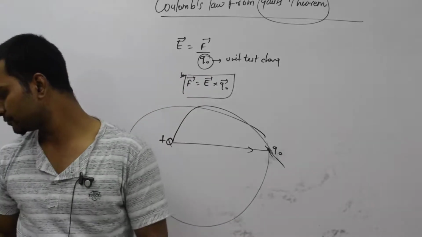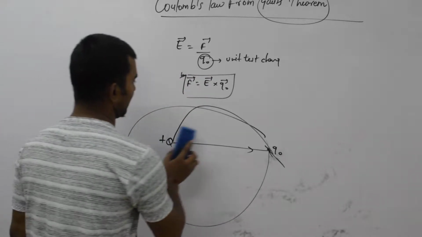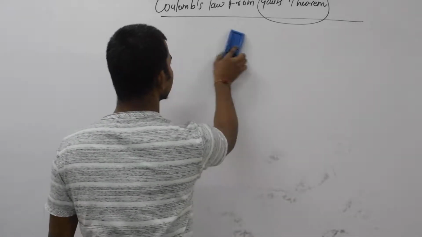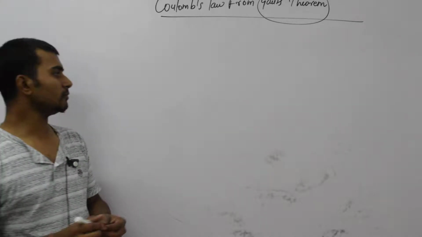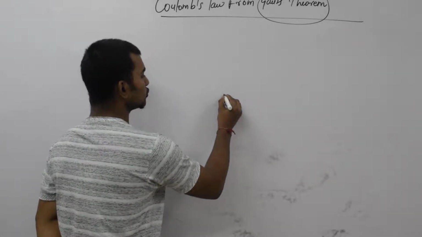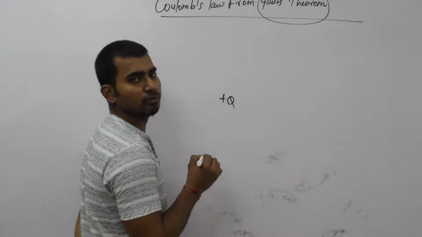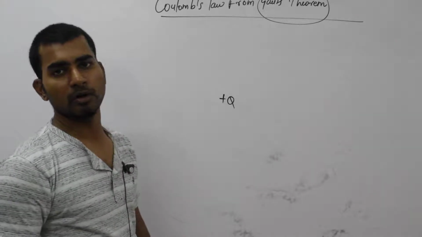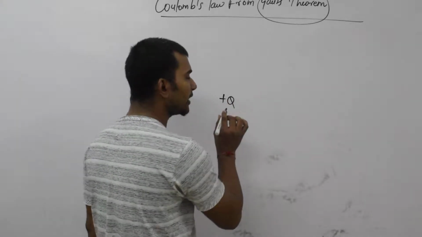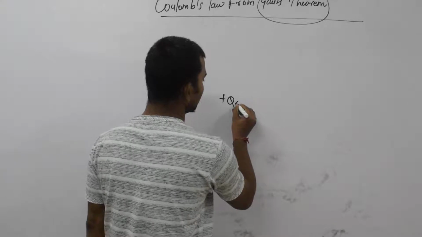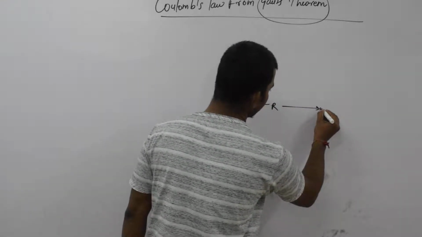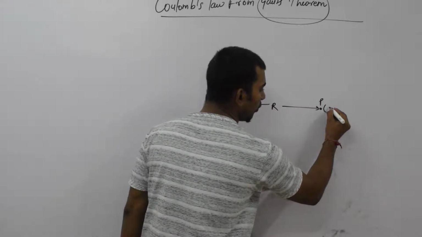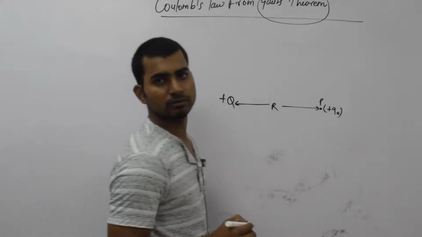So just see here. Let's suppose one source charge plus Q is placed in free space, and at a distance capital R from this source charge there is a point P at which a test charge is placed.